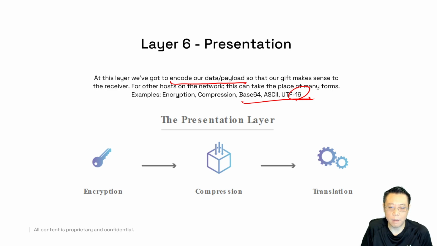In fact, if you're looking at emojicons, or if you look at foreign characters, UTF-16 is today's latest standard. Again, presentation layer, think encryption, compression, or just translation. Anything that we do to transform the data into a way that the receiver represents and can understand what we're saying.